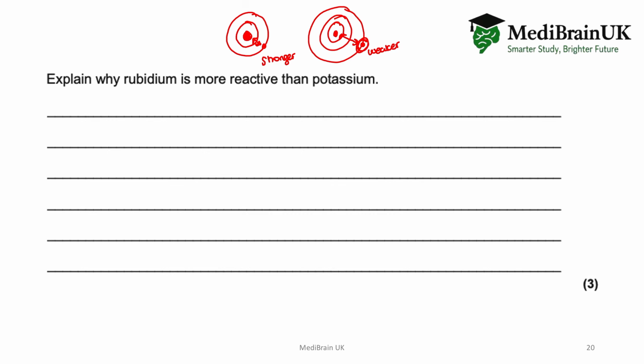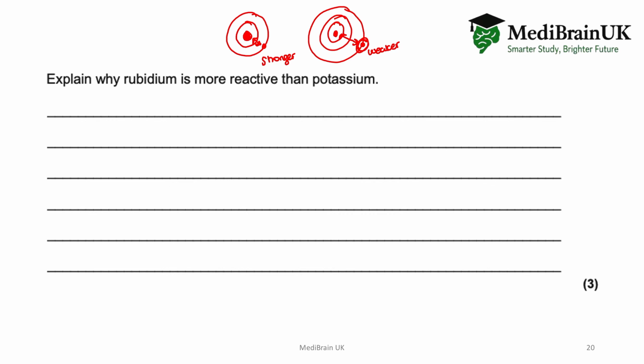That's why rubidium is more reactive than potassium. It has a weaker attraction between the nucleus and the outer shell electron, which means the outer shell electron is more easily lost, and rubidium can go react with something else very quickly because it's very weakly attracted to the outer shell electron. Whereas with potassium, there is a stronger attraction, which means that the nucleus is going to try hold on to that electron instead of just letting it go.